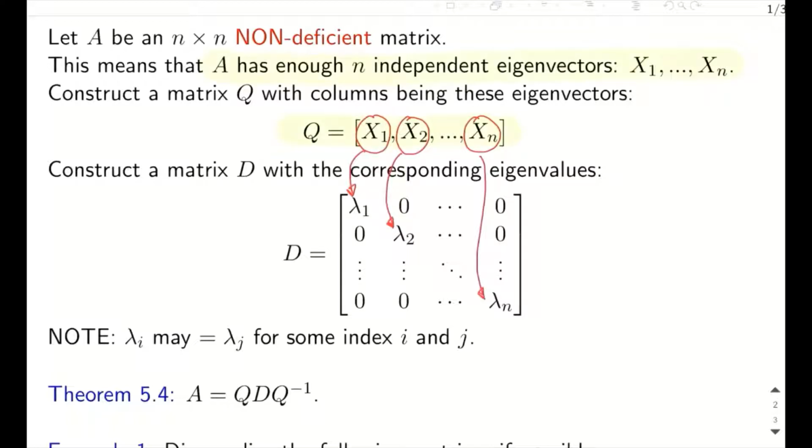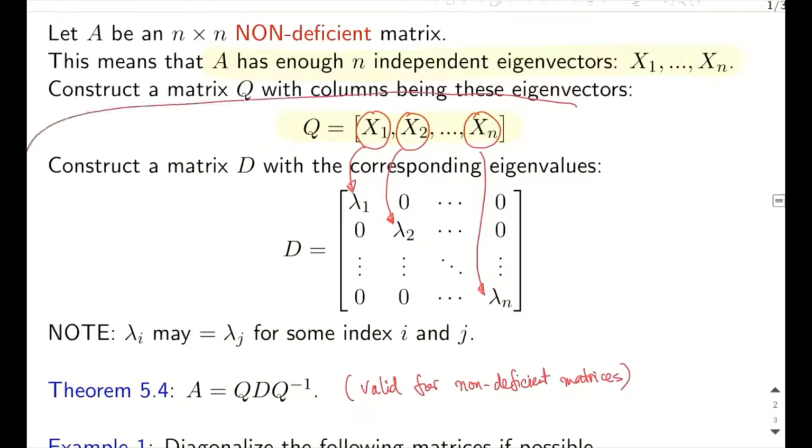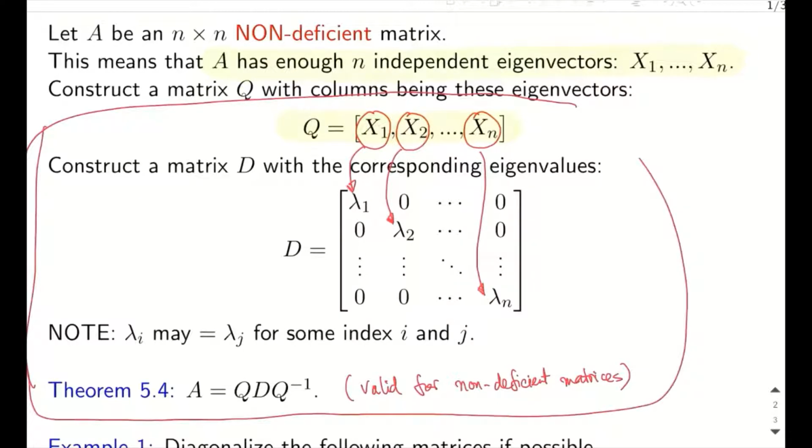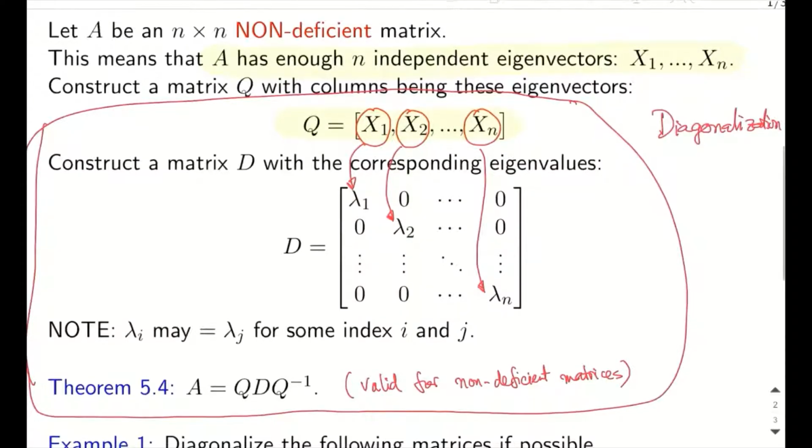If A does not have enough n independent eigenvectors, then the square matrix Q does not exist, which means theorem 5.4 is not valid. The process in which we write A as the product of Q, a diagonal matrix, and Q inverse is called diagonalization.